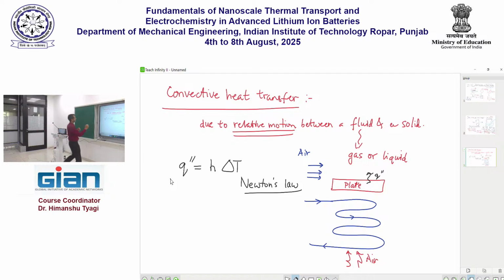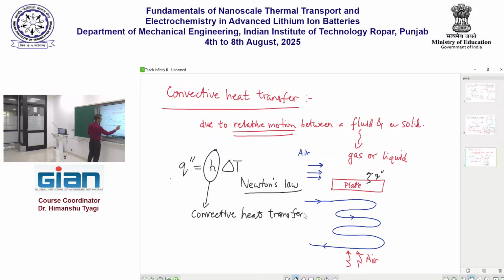H is called the convective heat transfer coefficient. As you can guess, H has units of watt per meter square Kelvin.